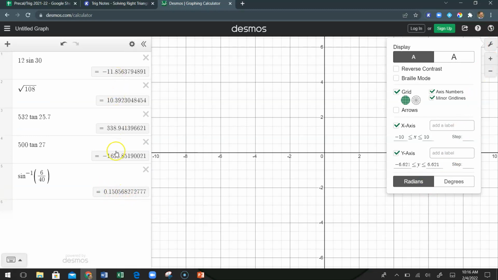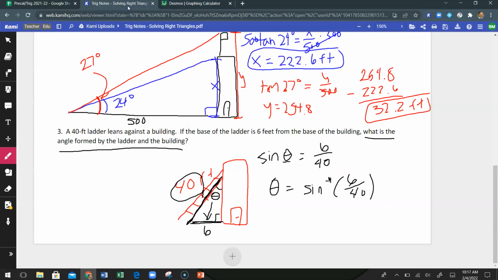Notice how all of these answers changed when I switched from radians to degrees. You could give me either, but I think what makes sense for most of us when we're talking about angles is to use degrees. And if I'm in degree mode, this tells me that the inverse sine of 6/40 is 8.6 degrees. So that tells me that our angle is 8.6 degrees.